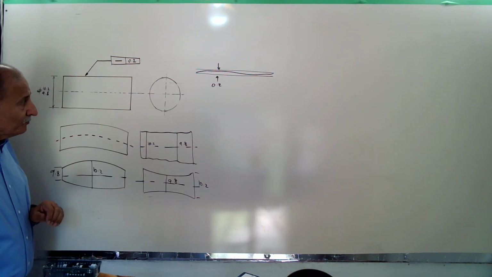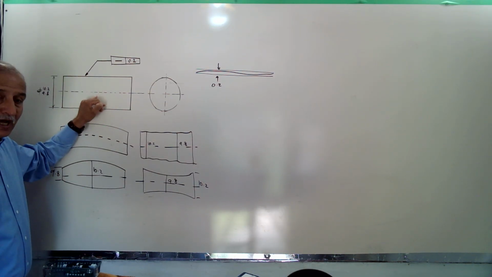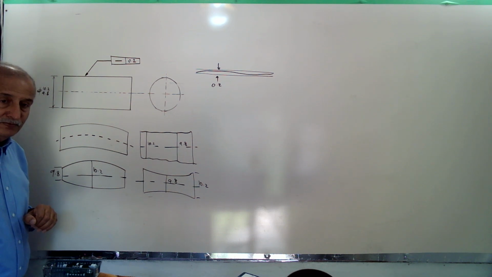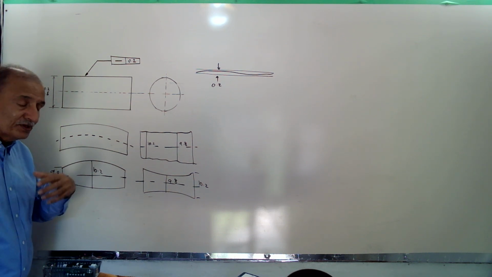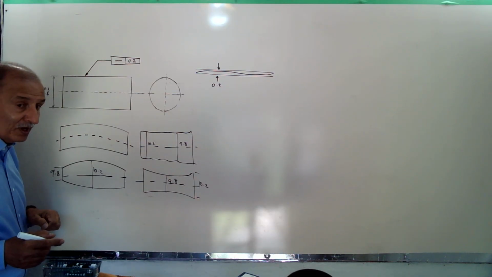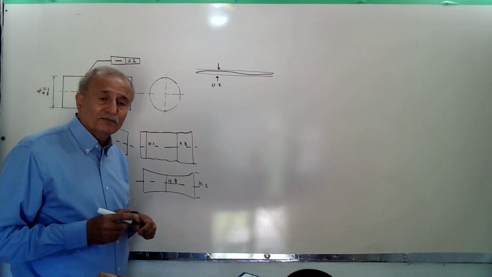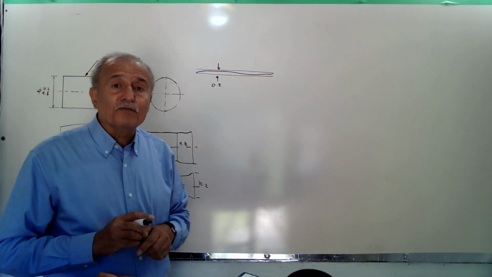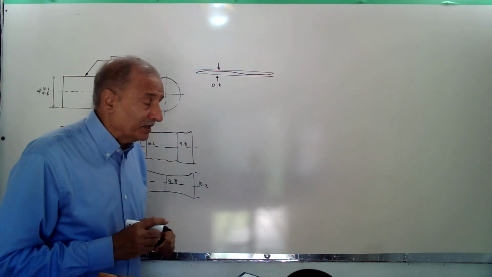Sometimes designers want to check the straightness of the axis as well. How do we send a message in the drawing that we control the axis as well? How can you control the axis? By derived median points. What are derived median points?